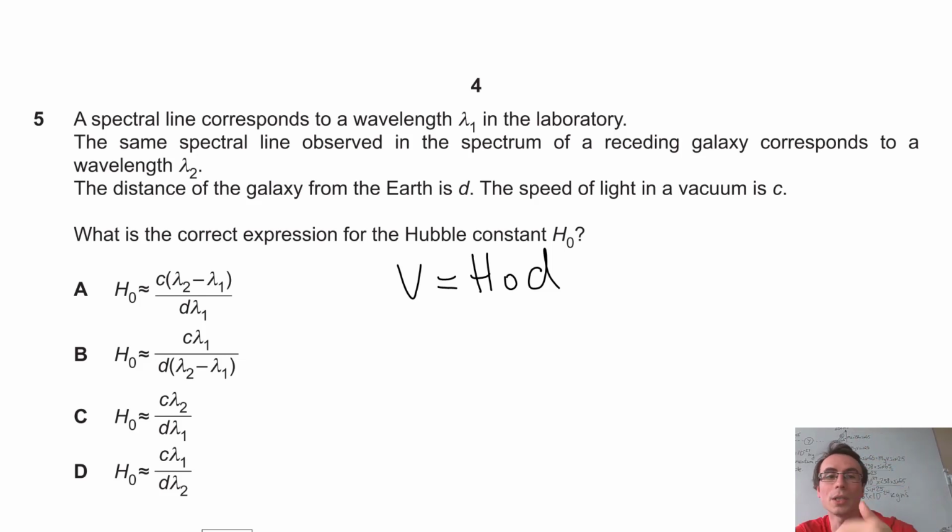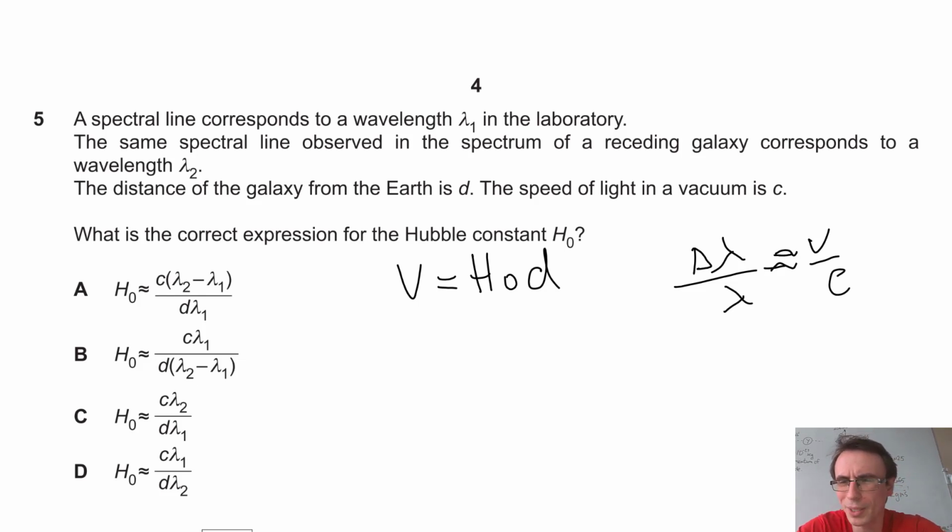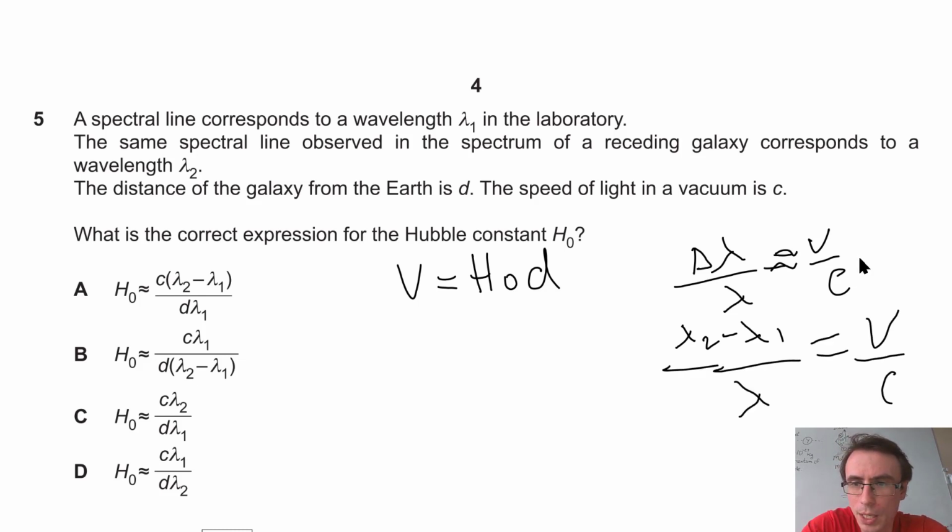This is a question about the Doppler effect, and we can link this to the Doppler effect using the fact that delta lambda over lambda is approximately equal to v over c, where this is the redshift, the fractional change in wavelength. Okay, so delta lambda is going to be lambda 2 take away lambda 1, and this lambda in the equation here is the wavelength as measured in the laboratory.